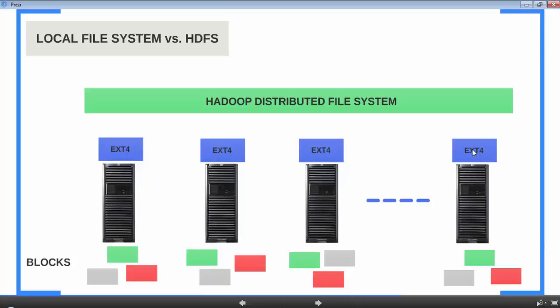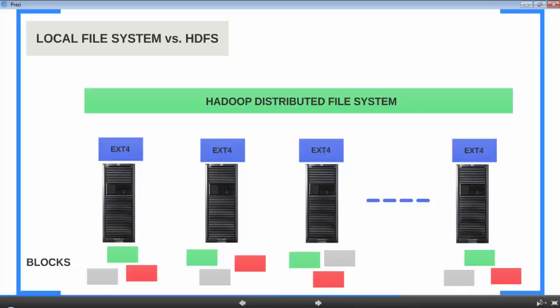Next, your file system should have a distributed view of the files or blocks in your cluster, which is not possible with your local file system, which is ext4 in this slide. What I mean is, your local ext4 file system on node 1 has no idea what is on node 2.